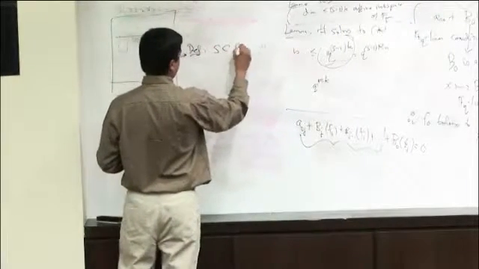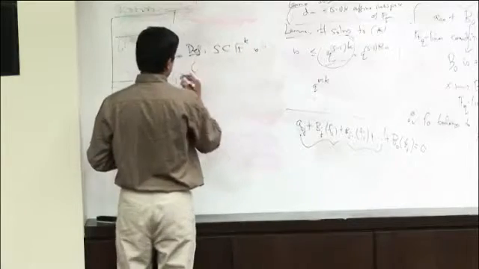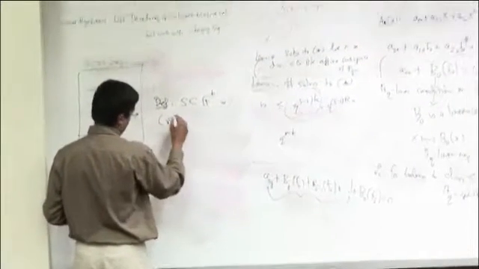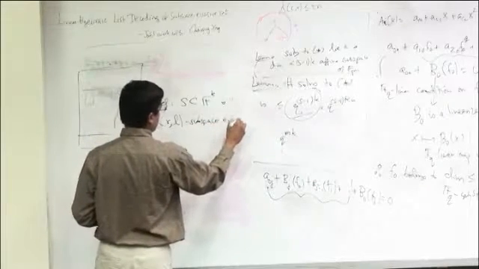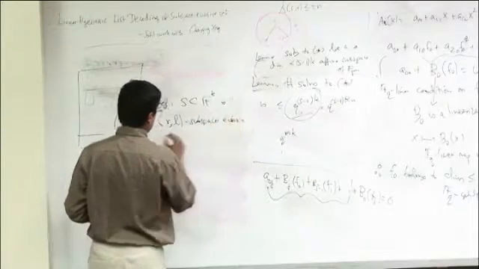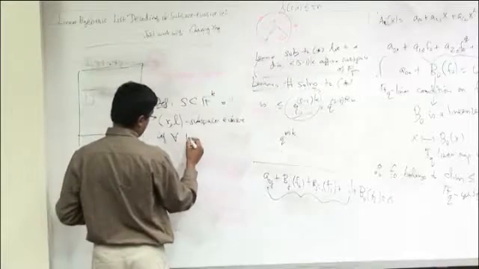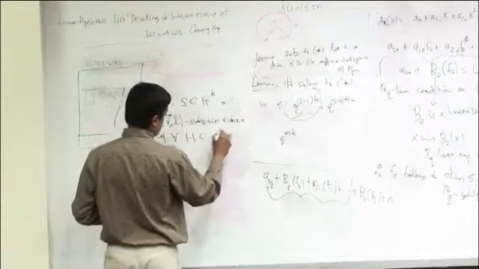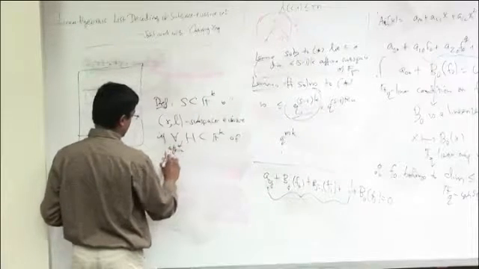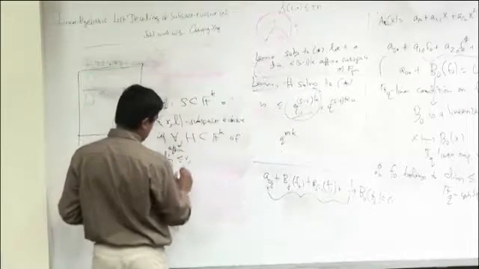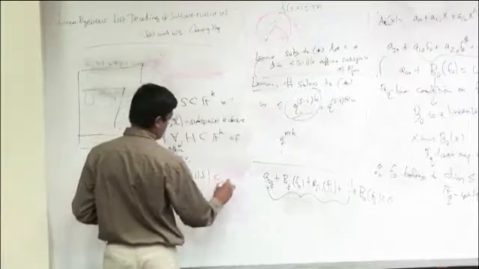A subset S of F to the k is (R, L) subspace evasive if for all affine subspaces H of dimension at most R, H intersection S is not too big.